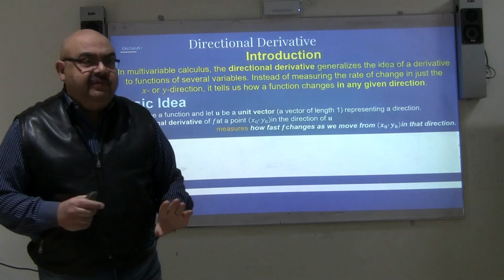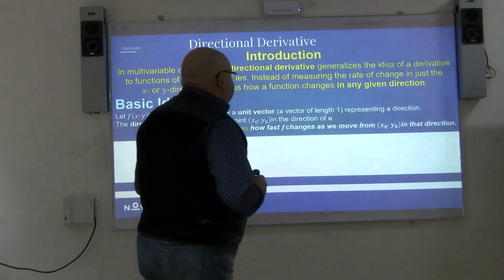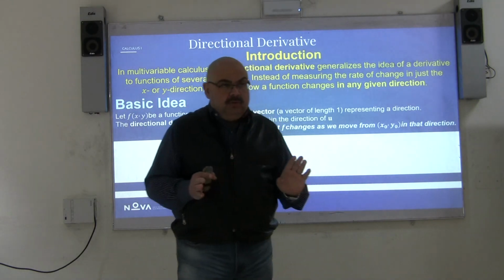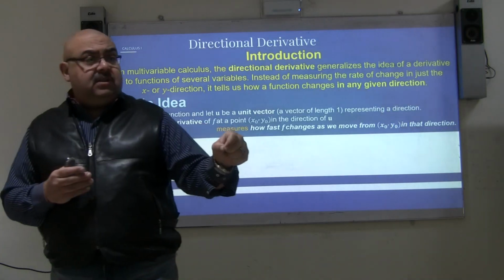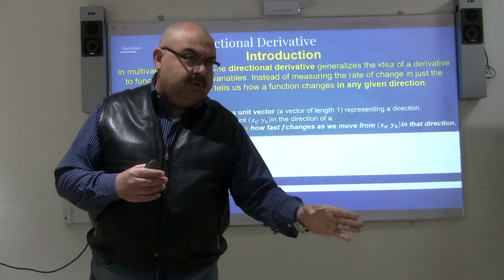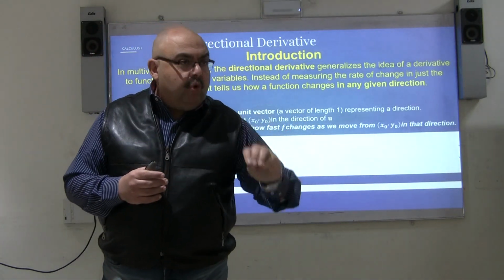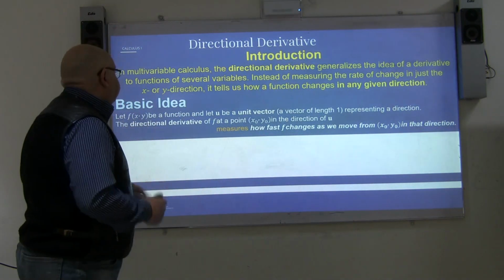How do we make a unit vector? All I have to do, as you will see, is divide the vector by its magnitude, or the norm of this vector.